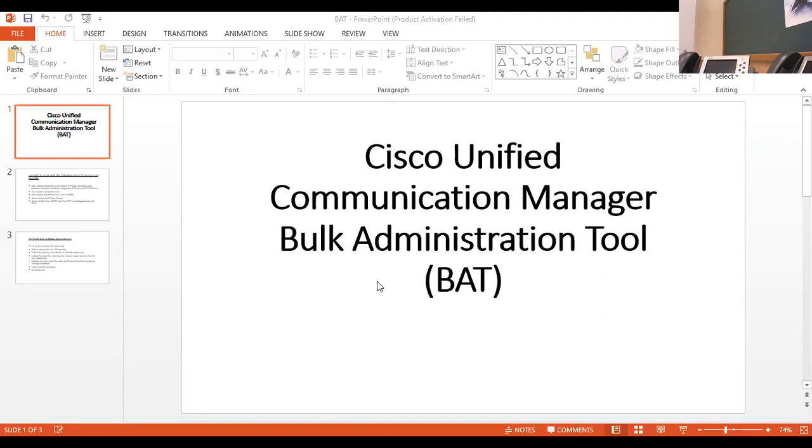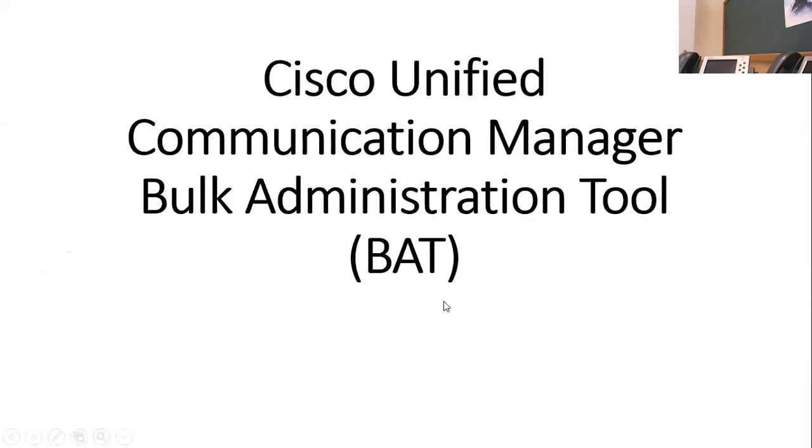It's a very good feature in CUCM. But the important thing is that the BAT menu is visible only on the first node of the CUCM server. So you can only see the BAT on the first node of CUCM.